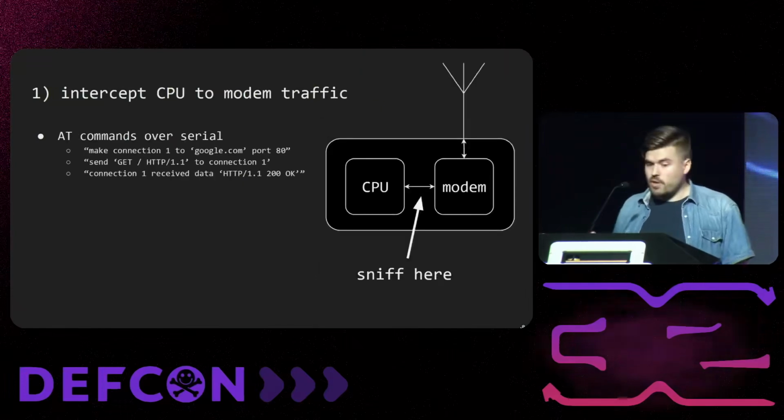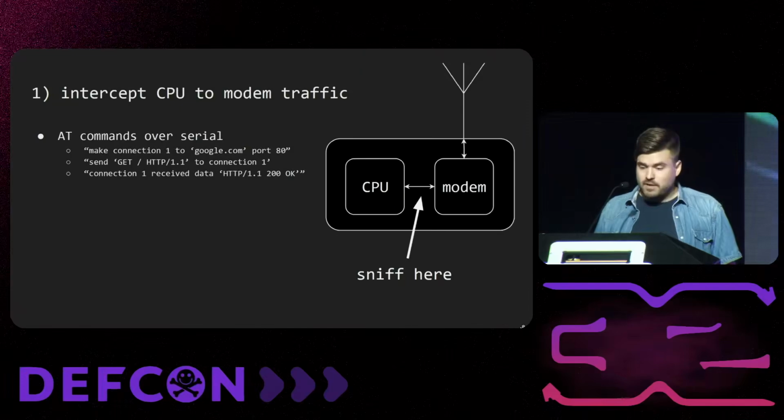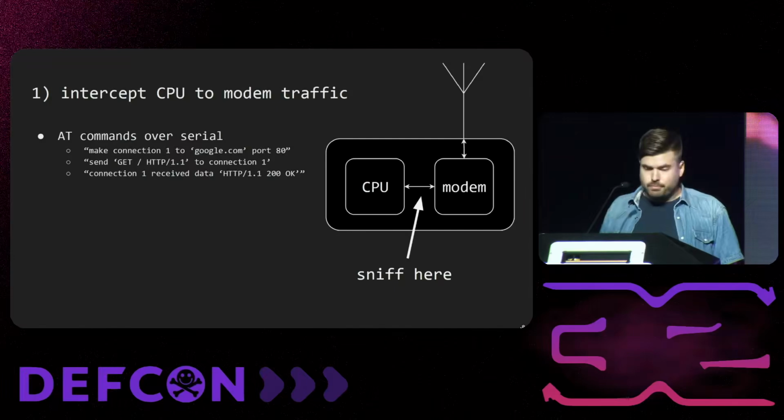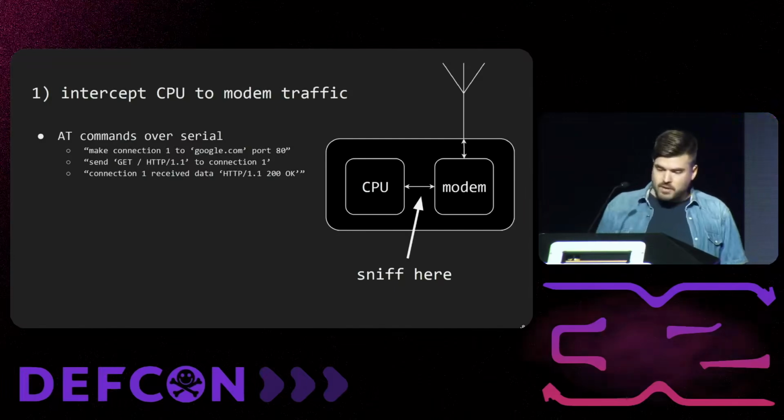So if we actually want to intercept the traffic, there is the CPU and there's a modem. How this works is they have some kind of serial interface, usually not encrypted because you don't really need to. You just look at the board, find the traces and sniff them.